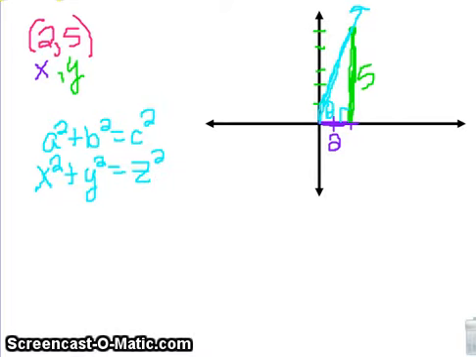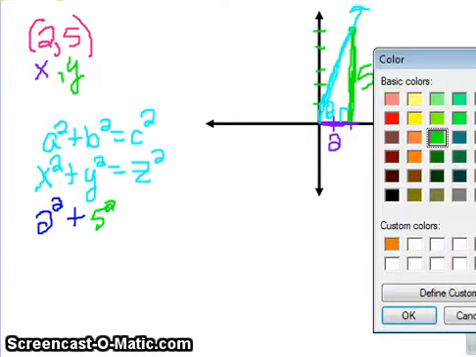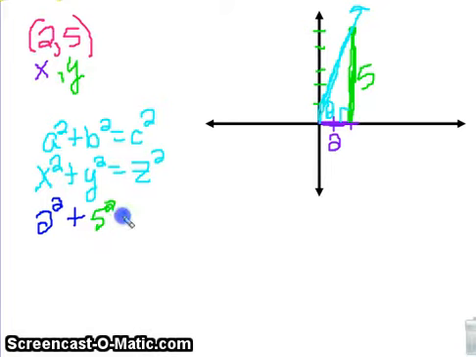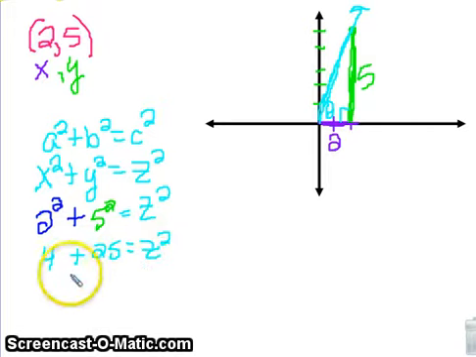My x squared, I'm going to plug in 2. My y squared, I'm going to plug in 5. And I'm solving for my z squared. Well, what's 2 squared? 4. Plus 5 squared is 25 equals z squared. 4 plus 25 gives me 29. And in order to just get 1z, what do you have to do, Gabby?